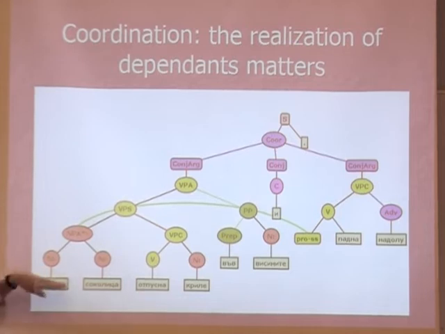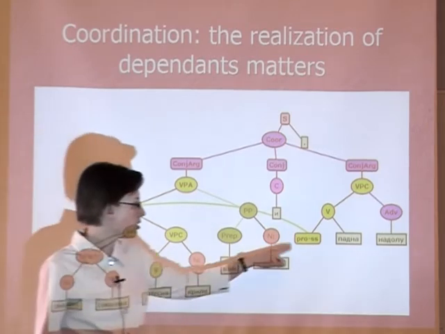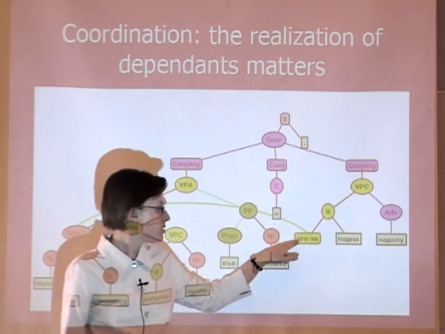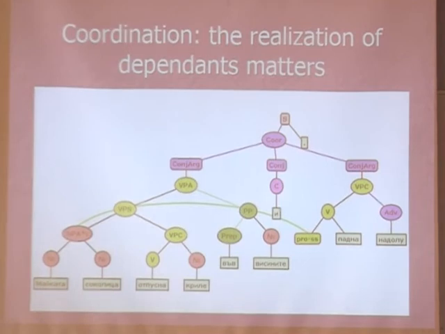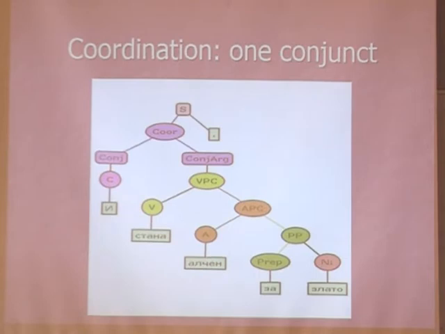That's why, in these cases, we prefer to realize the subject in the first conjunct, and then we establish with the unexpressed subject some coreference relation, which is just another way to view things. Just for illustration, coordination with one conjunct, when the previous one is in another sentence, we just view it as coordination with one conjunct.